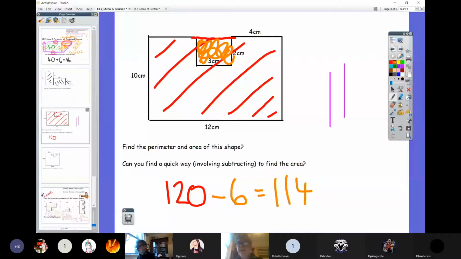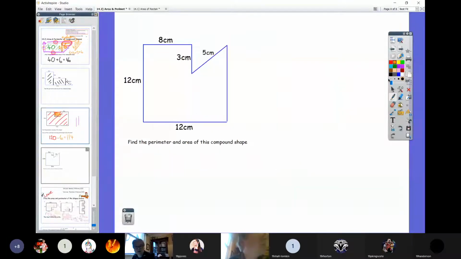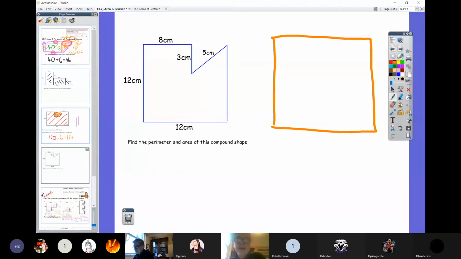The same with the next one. If you got a question looking like this, I would very much suggest you work out the area as if you didn't have that piece taken out. So you work out the area of the square, which would be 144, and then just take away that little unwanted piece.